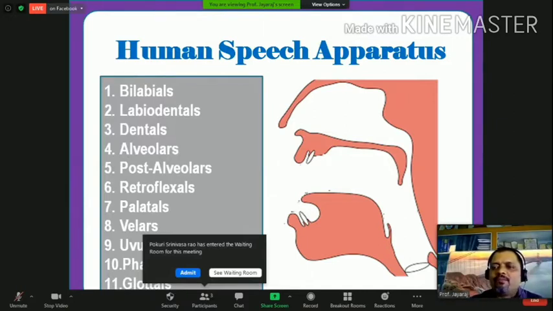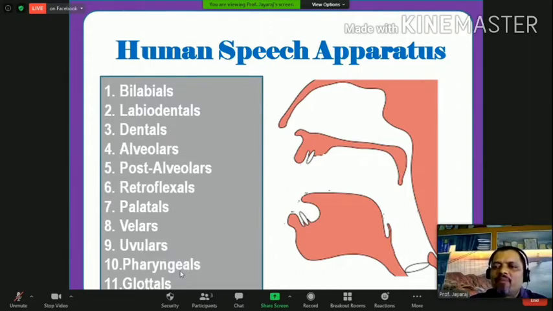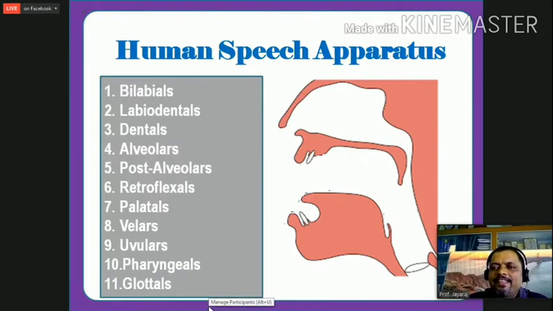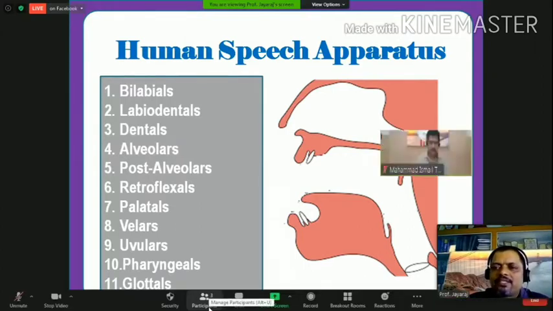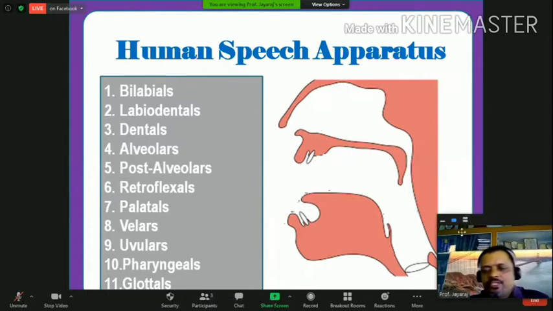We need not worry about the British variety or American variety or Spanish or Greek or Arabic, whatever it may be, be it a Romance language, a Semitic language, or an Asian language. Whatever it may be, the speech apparatus is the same. The only difference is the small and the big speech organs, but the speech apparatus is the same and similar.